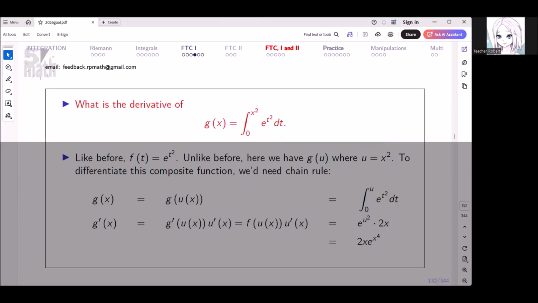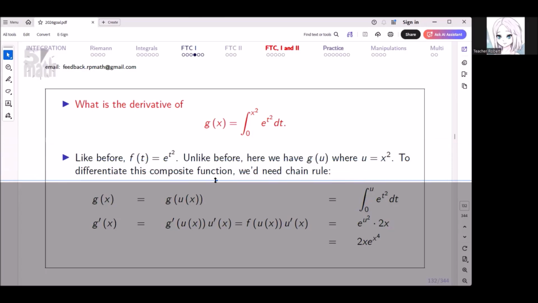What is the derivative of g of x equals integral from 0 to x squared of e to the t squared dt? Like before, f of t equals e to the t squared. Unlike before, here we have g of u where u equals x squared. To differentiate this composite function, we'd need the chain rule.